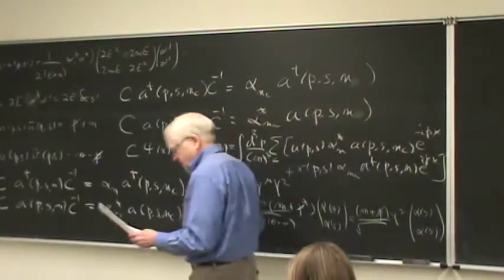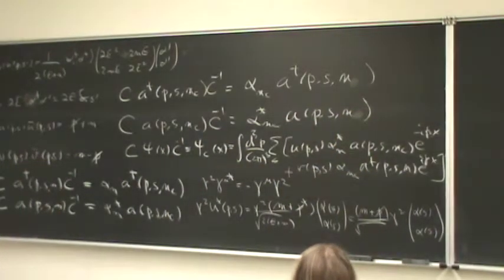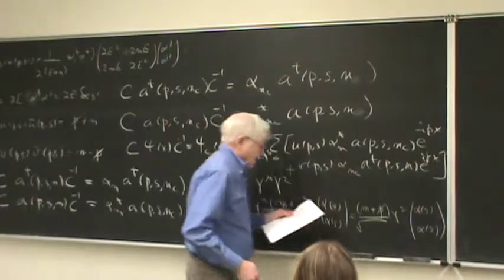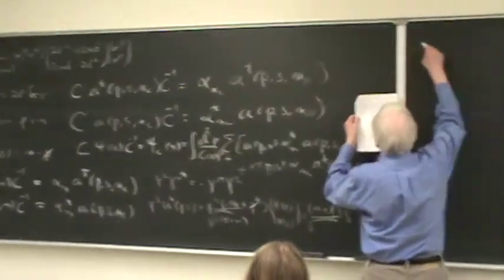So the key thing is, what does gamma 2 do to this alpha of s? And here's what it does.